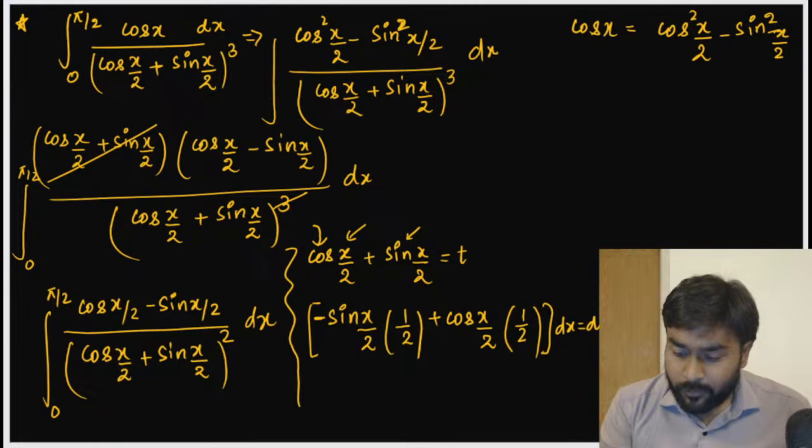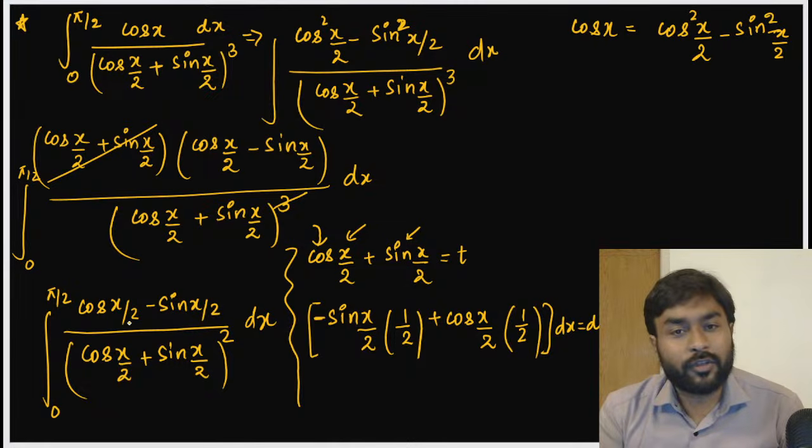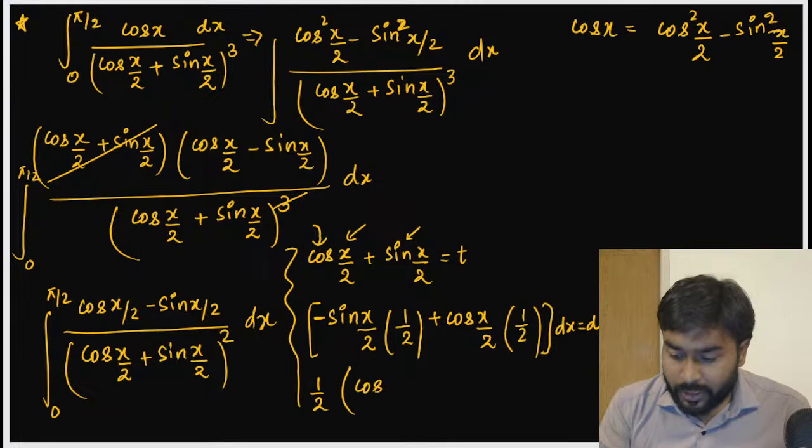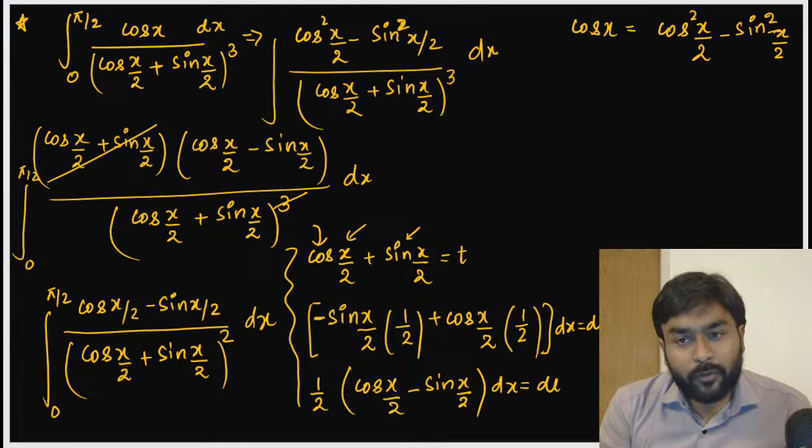Then we will check with the numerator. If you take 1 by 2 common, it will become as it is like the numerator. So 1 by 2 I am taking common. Remaining is cos x by 2 minus sin x by 2, minus sin x by 2, dx equal to dt. So now what we can do?